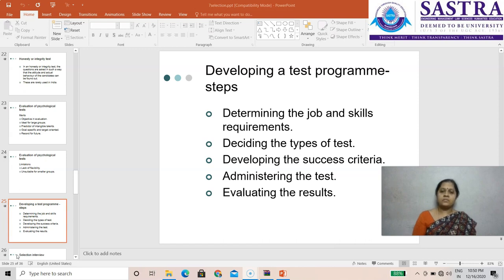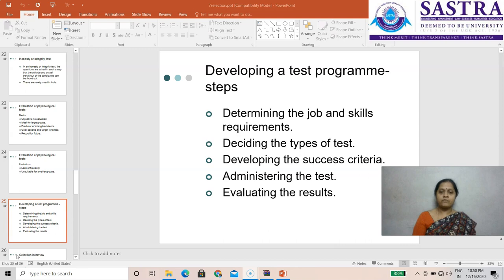The steps to be followed for developing a successful test program are determining the job and skill requirements, deciding the types of test, developing the success criteria, administering the test, and evaluating the results.